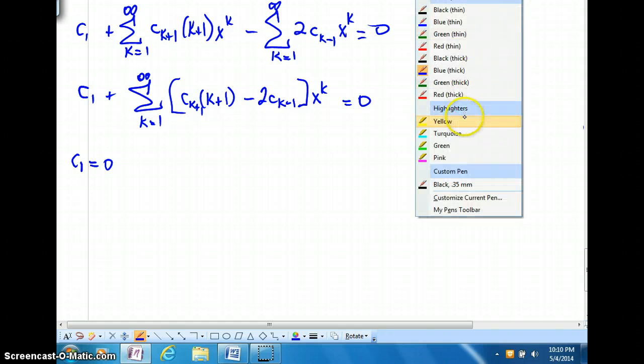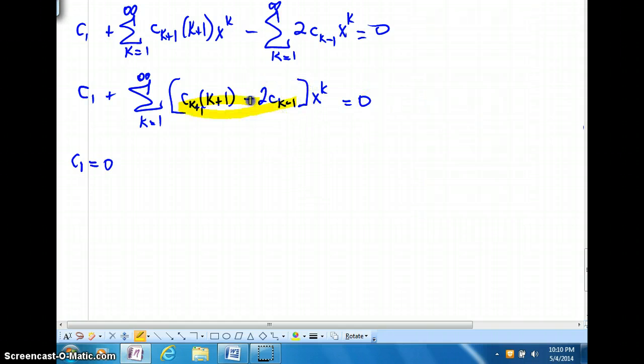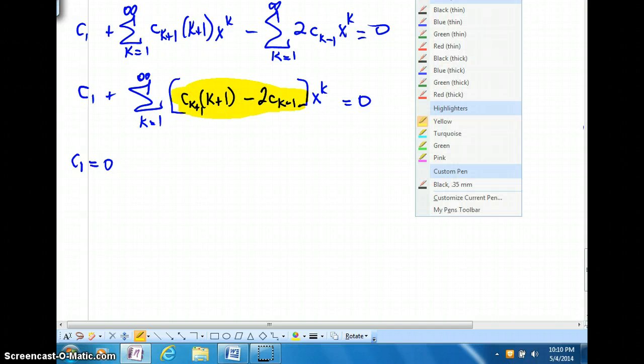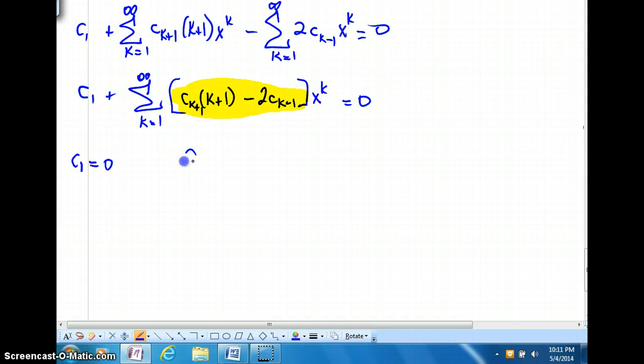And what we also have is all of these coefficients here out in front of x to the k are going to have to equal 0 as well. So that means that c sub k plus 1 times k plus 1 minus 2 c sub k minus 1 must equal 0.